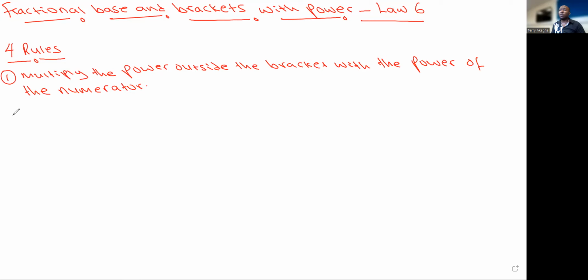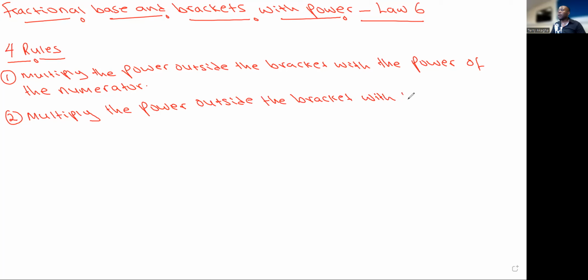Then the next thing, you multiply the power outside the bracket with the power of the denominator as well. So what you did to the numerator, you then do the same thing to the denominator, okay?